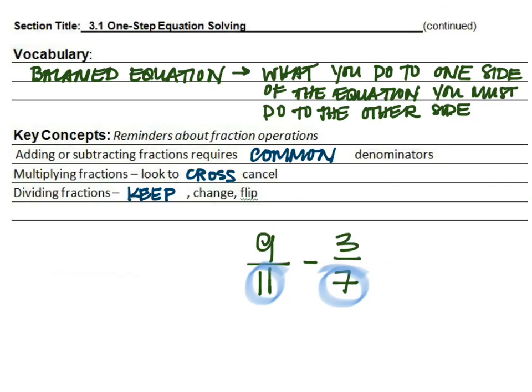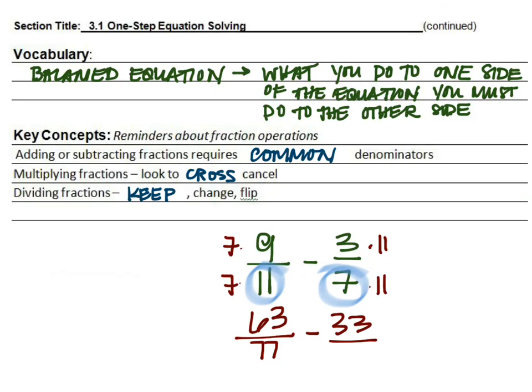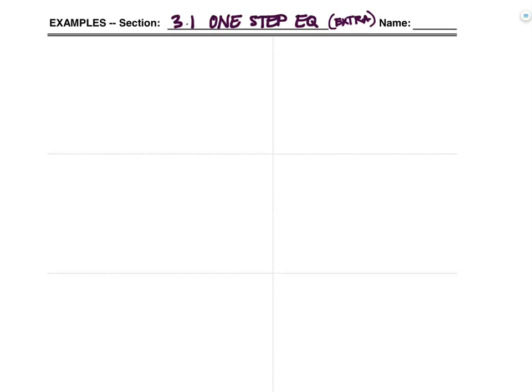So in this case, I would need to multiply by each term. Here I need to multiply by 11 on the numerator and denominator, and here I would need to multiply by 7 on the numerator and denominator, giving me 63 over 77, subtracting 33 over 77. My common denominator in this situation is this.